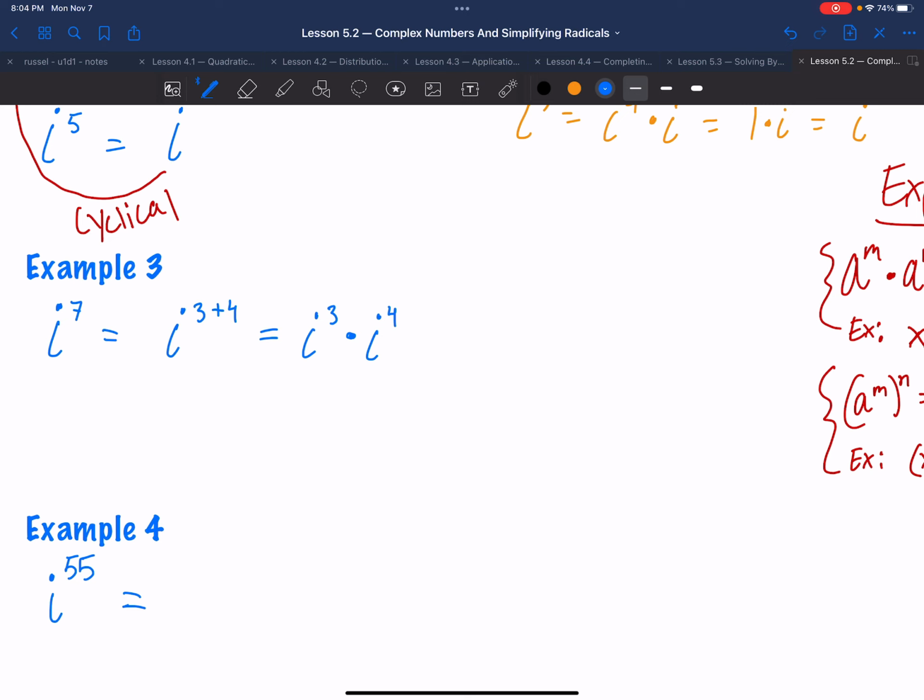But then i to the power of 3 is negative i, and i to the power of 4 is 1. So this is like negative i times 1, which is just equal to negative i. And done.